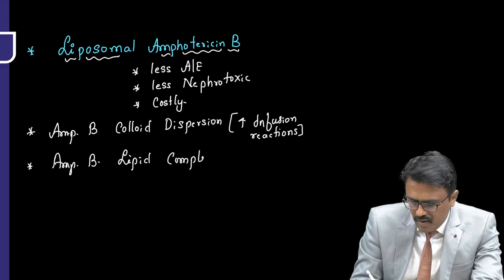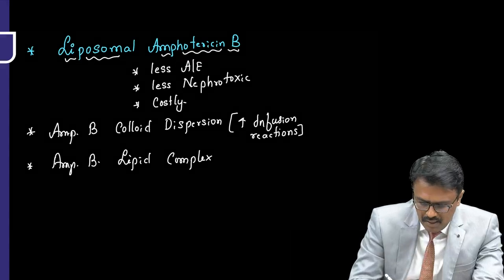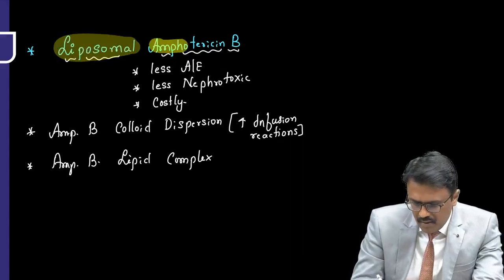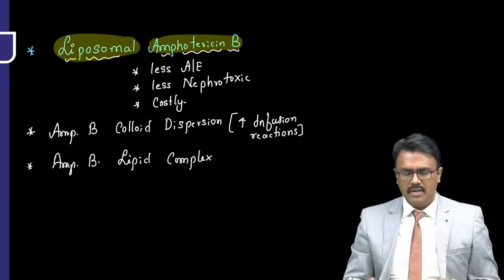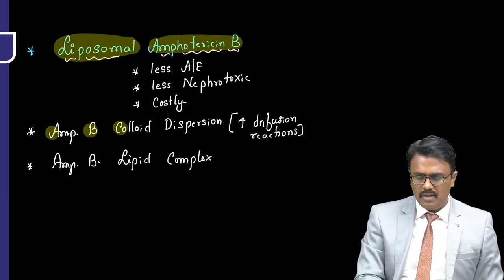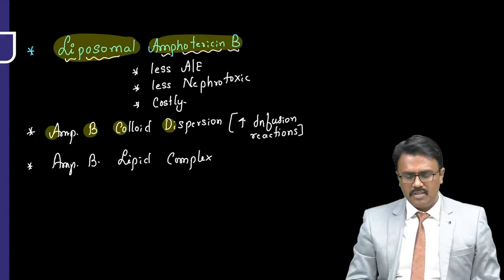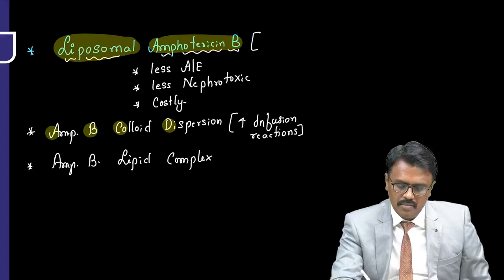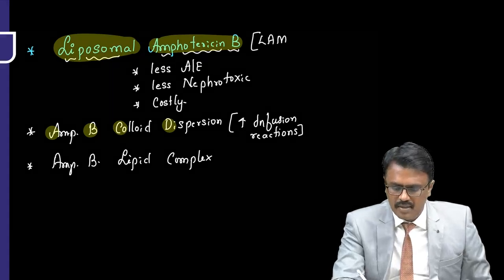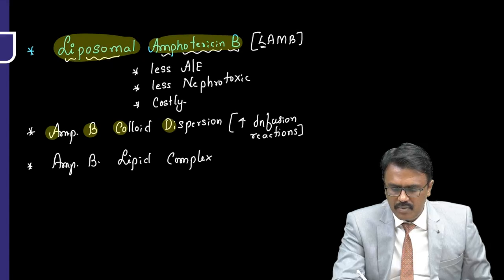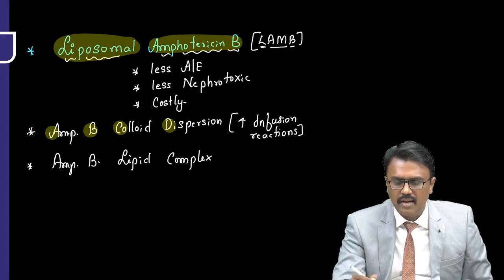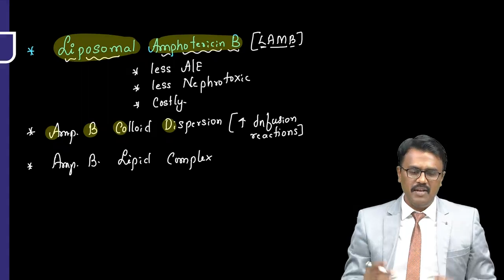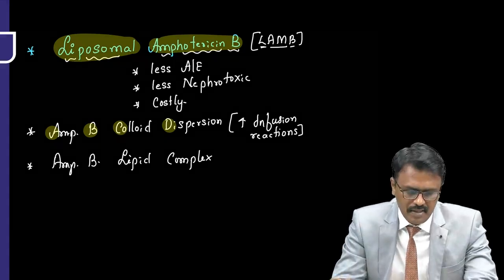These are the newer preparations, but mainly for your exam, remember liposomal amphotericin B. Others are ABCD, that is amphotericin B colloid dispersion. Many a time liposomal amphotericin B is also remembered as LAMB: L for liposomal, AM for amphotericin B, LAMB. Very good drug.